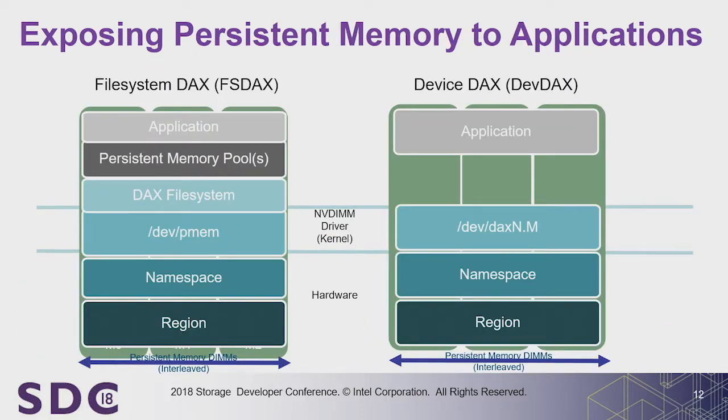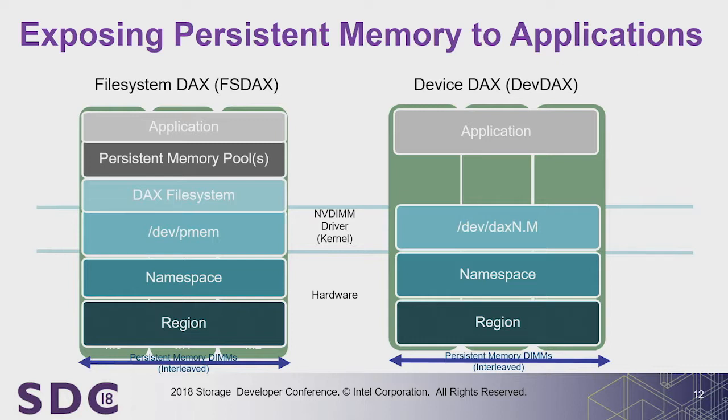So again, just to summarize, we've started from the bottommost level of raw memory capacity. We build them into regions, into namespaces, and there are two different ways applications can access persistent memory. One is through filesystem DAX, and that's where PMDK comes into the picture through persistent memory pools to abstract it even more for application developers, so they don't have to worry about the memory mapping of the files or other transactional things.